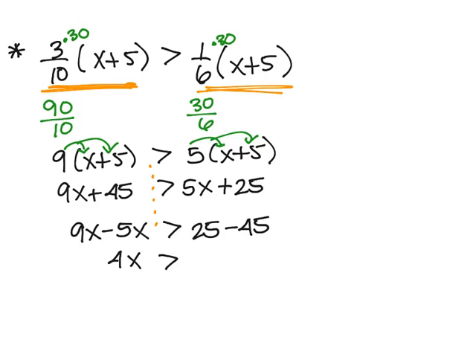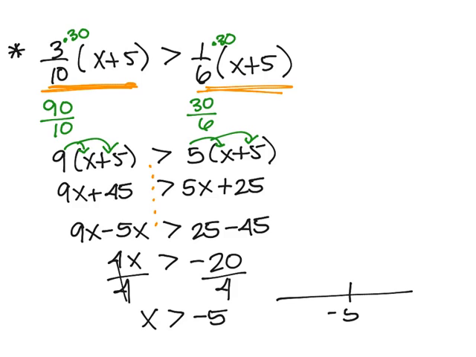So that's 4x is greater than what? Negative 20. And then you divide by 4. X is greater than what? Negative 5. Do y'all see that? And we'll finish it on out.